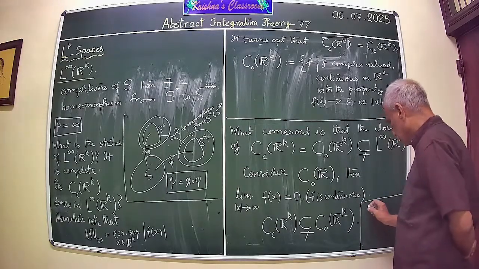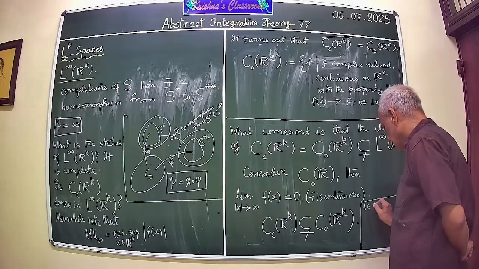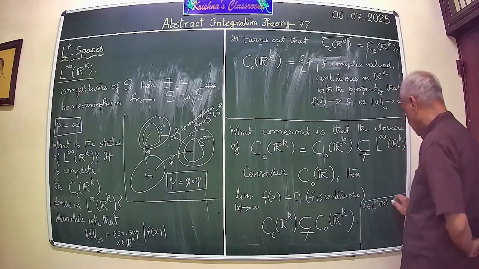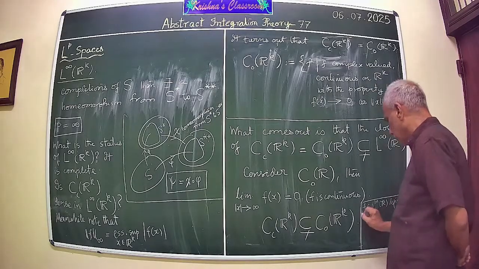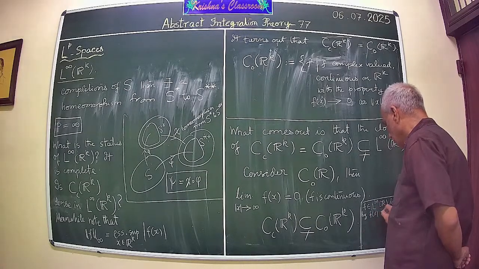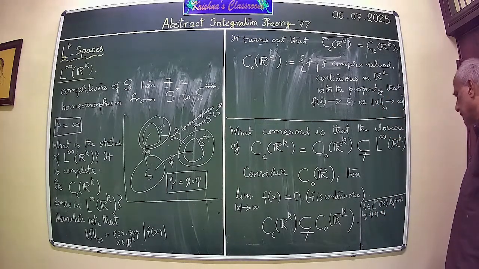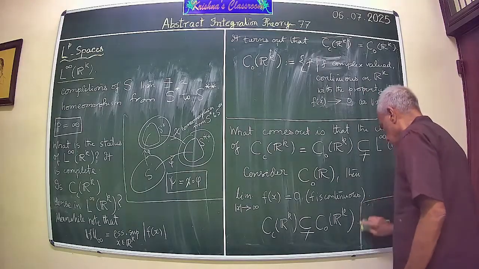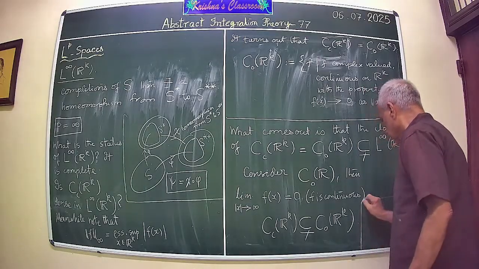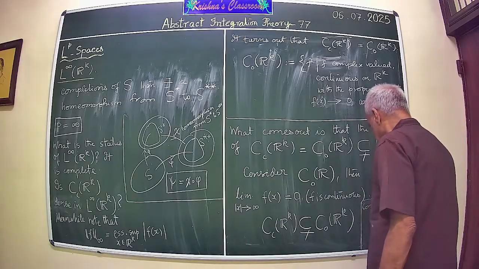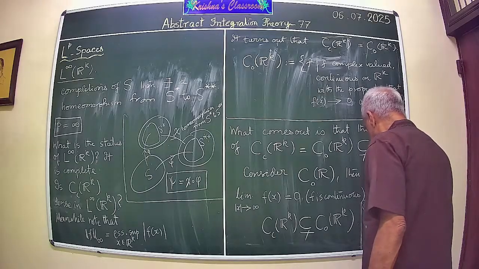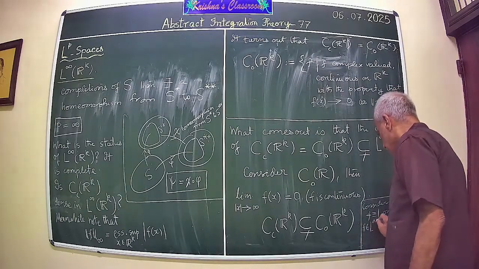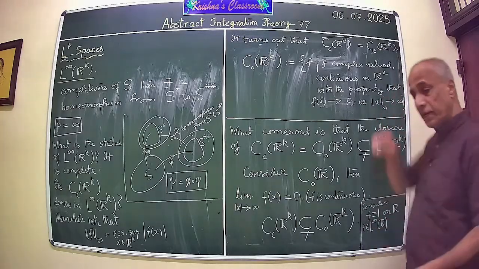So, consider f(x) identically equal to 1, then the sup norm is equal to 1, which is finite.